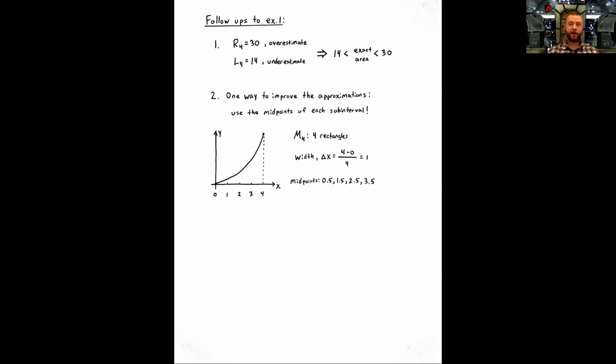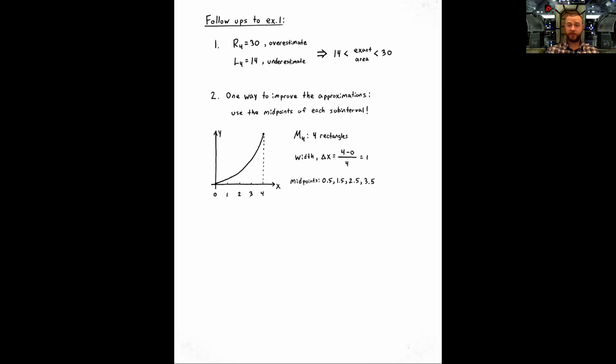We're not using the right or left endpoints to determine our heights for the rectangles right now. We're deciding to use the midpoints. Your 4 midpoints for each subinterval would be 0.5, 1.5, 2.5, and 3.5.